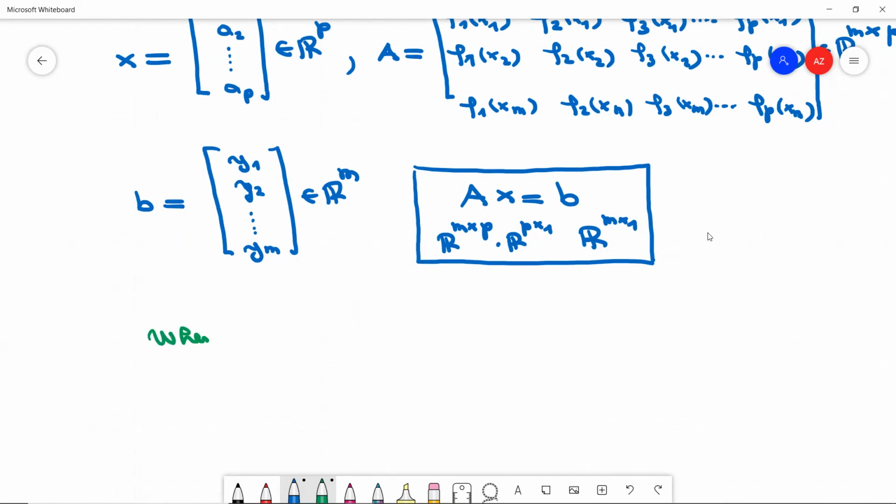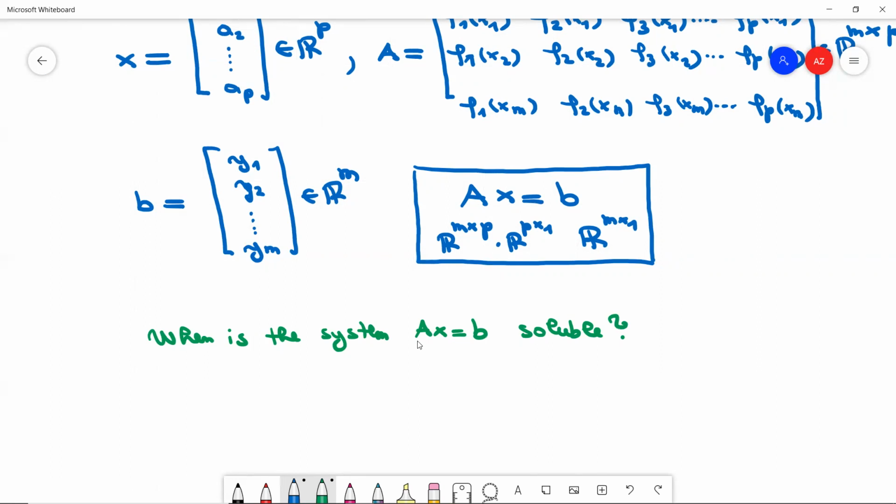When is the system AX equals B solvable? So what is one of the possible conditions which can be checked, or even this is the characterization of the existence of solutions of such a system?